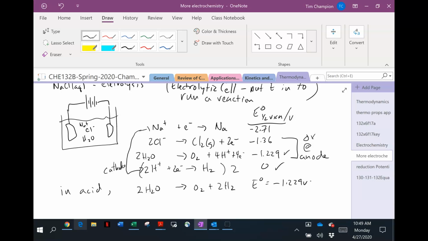It turns out if you do this in base solution, and there's a nice discussion of it in the textbook about that, you actually can then begin to produce some chlorine gas, which is how they do that in the chlor-alkali process.